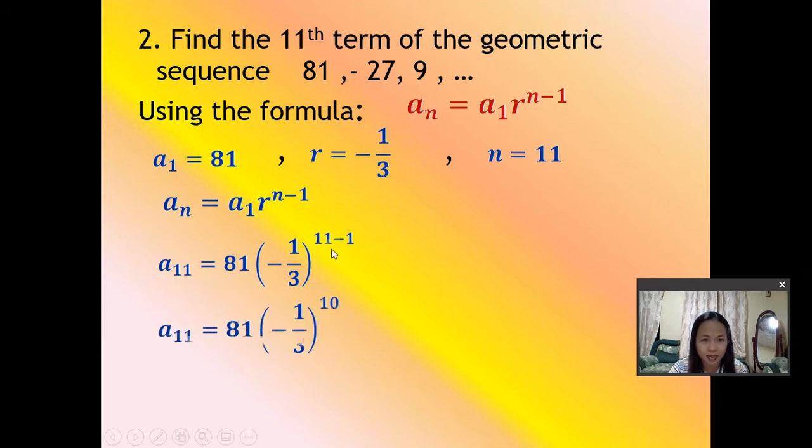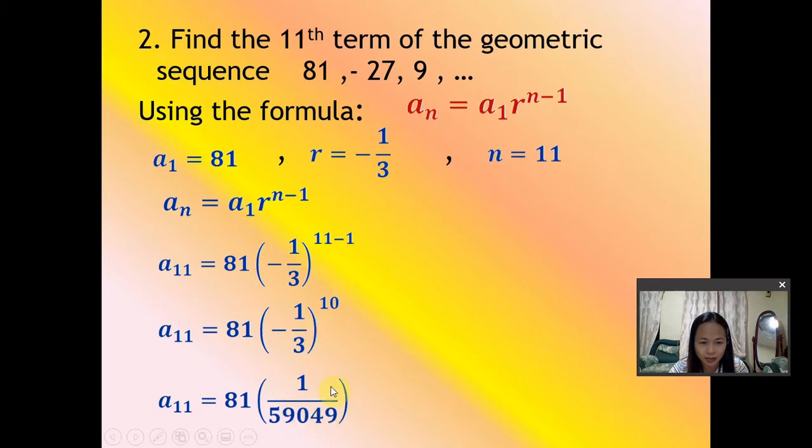Simplifying, 11 minus 1 is equal to 10. Next, we have negative 1/3 raised to the power of 10, and that is 1 over 59,049.